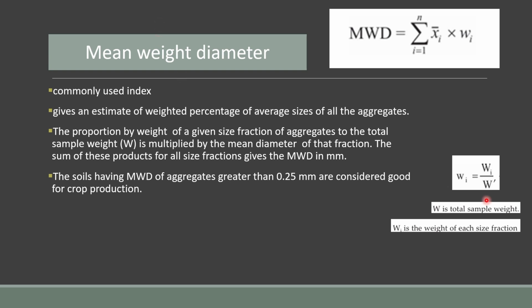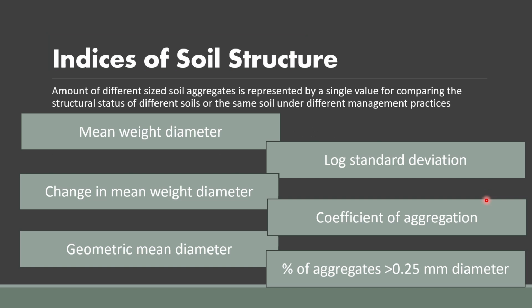For example, if we are testing the soil and we got a range of nitrogen, for optimum nitrogen content we will have a range of values.